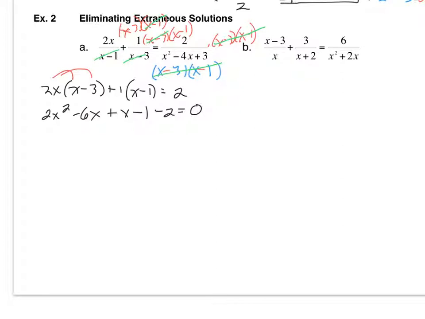Then all that's left is to collect like terms. So we've got 2x squared, a minus 6x, and a positive x gives me minus 5x. And then the minus 1 and the minus 2 gives me a minus 3 equals 0.